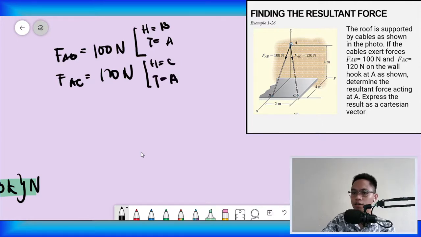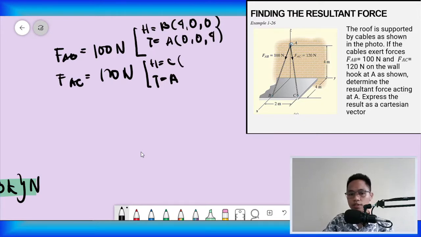Now, let's identify the coordinates of B. The coordinates of B, that should be 4 for x, 0 for y, and 0 for z also. And for A, we have 0 for x, 0 for y, and 4 for z.